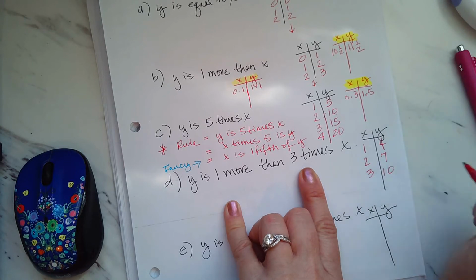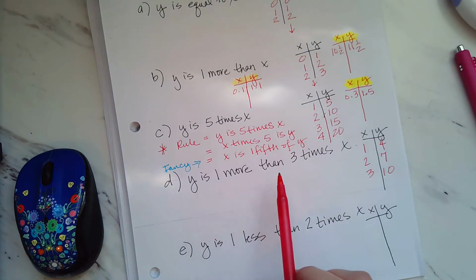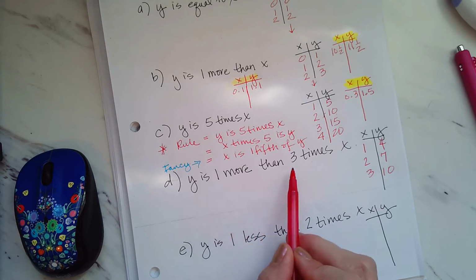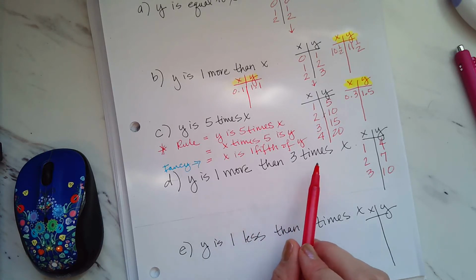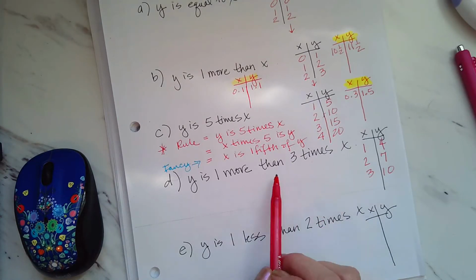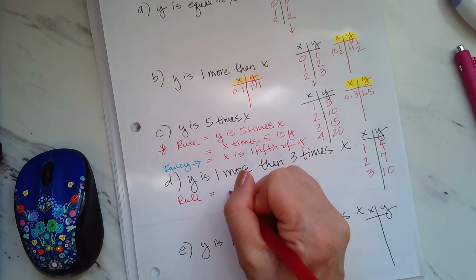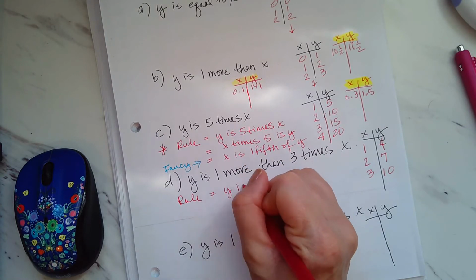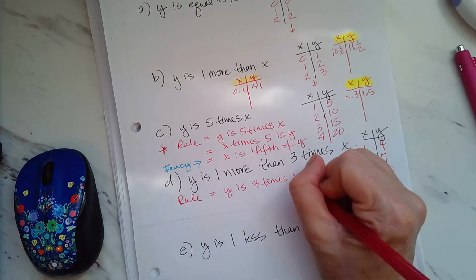So the rule is Y is 3 times X plus 1. So the rule here would be Y is 3 times X plus 1.